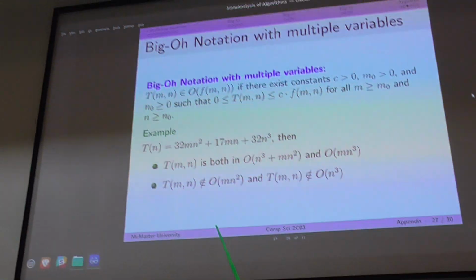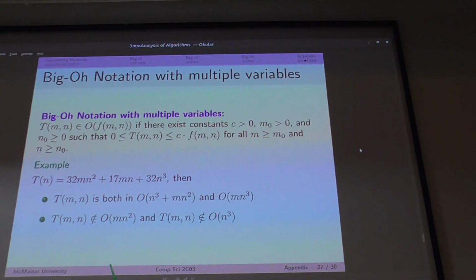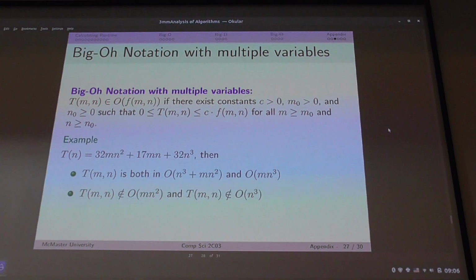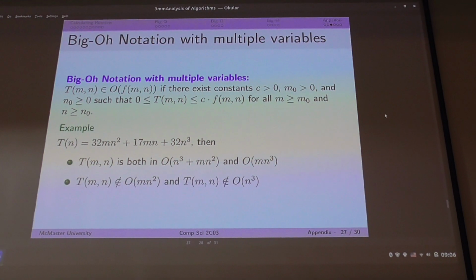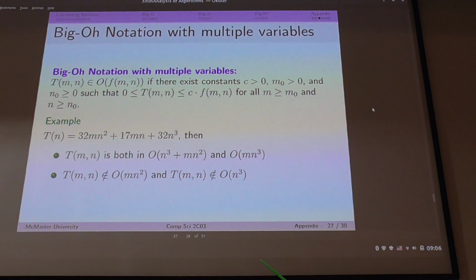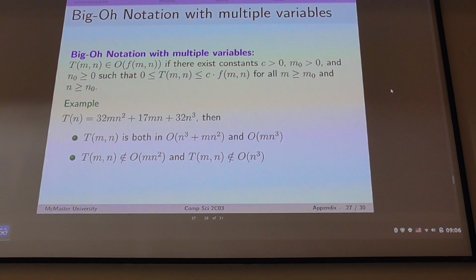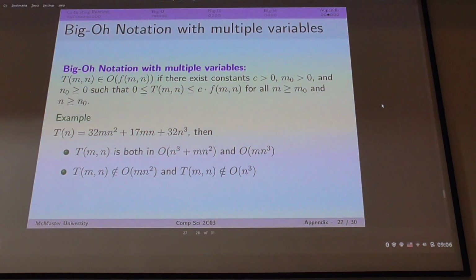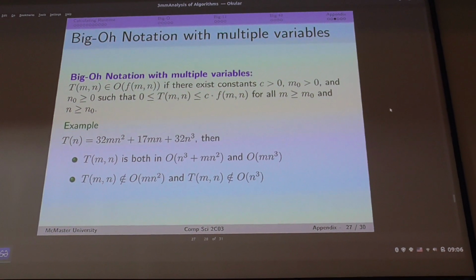I'm sorry. So if t at m comma n, that should be, is equal to 32mn squared plus 17mn plus 32n cubed, then t at m comma n is both in big O n cubed plus mn squared, and it's in big O m n cubed.